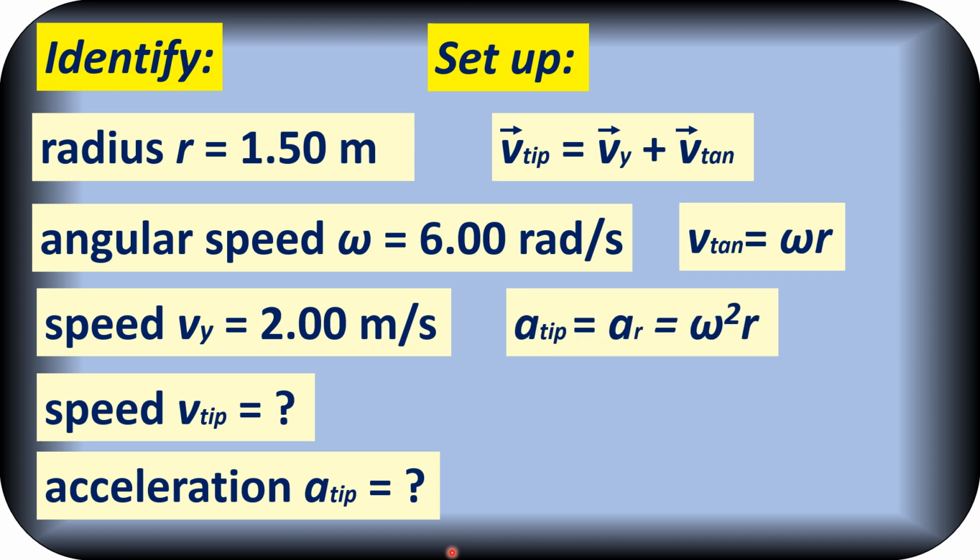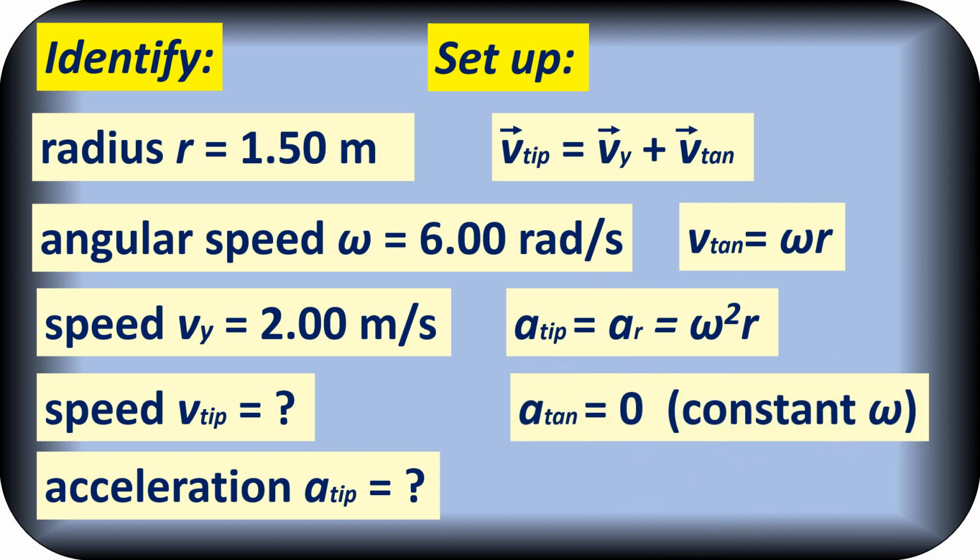We can also calculate the acceleration of the hammer a sub tip, or a sub r, using this equation: a sub r equals the square of the angular velocity multiplied by the radius r. And the fact that the angular velocity omega is constant, we emphasize that there is no tangential acceleration. So a sub tan is equal to 0.